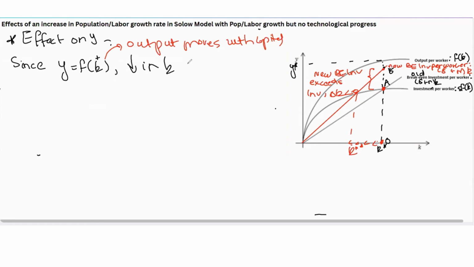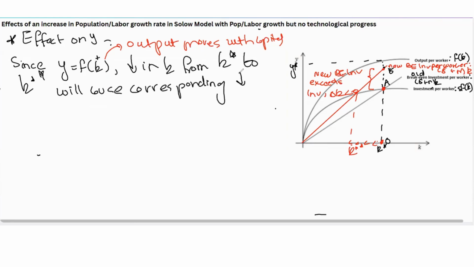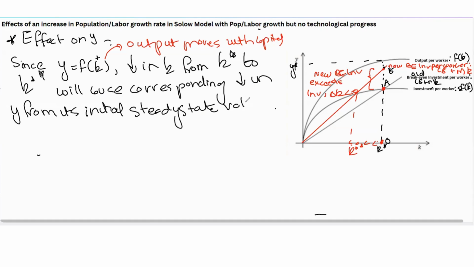So a decrease in k from k star to k double star will cause a corresponding decrease in y from its initial steady state value y star to the new steady state value y double star, right?